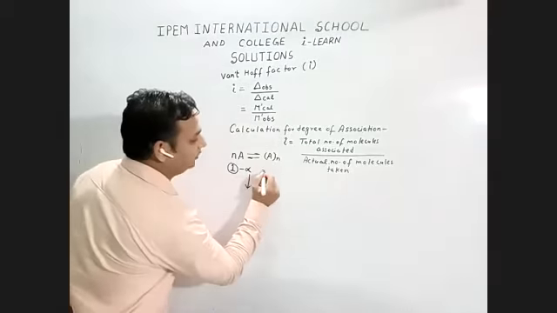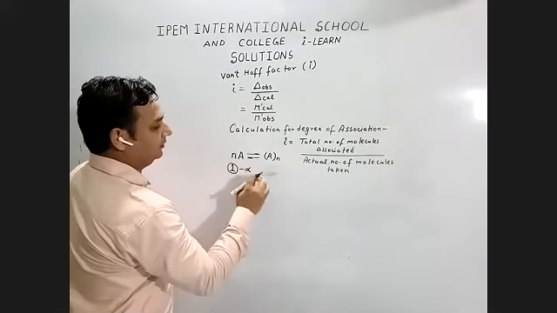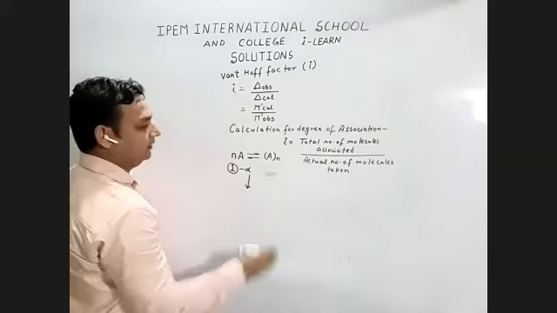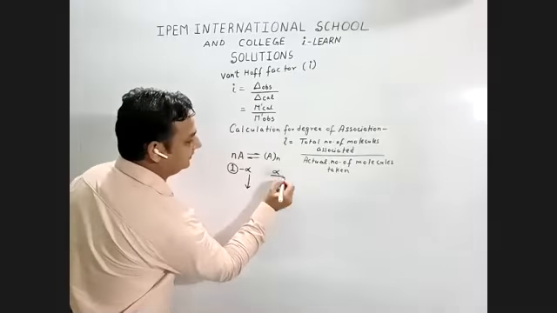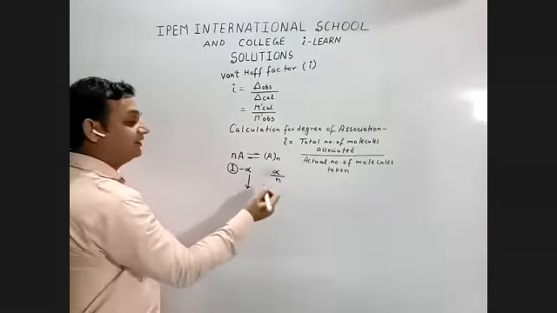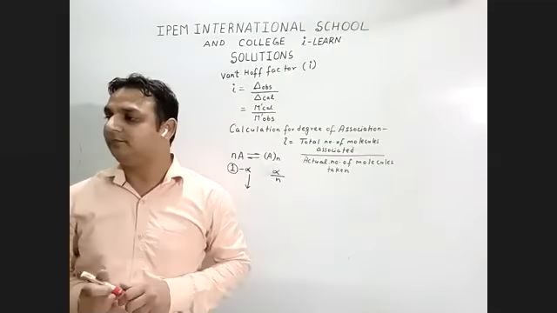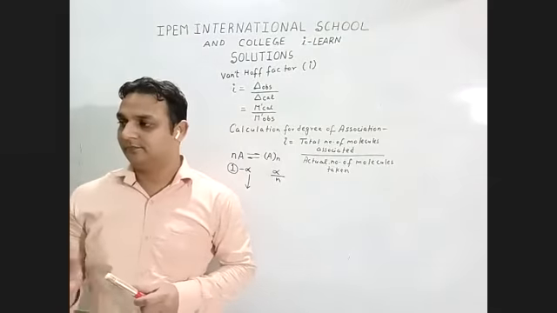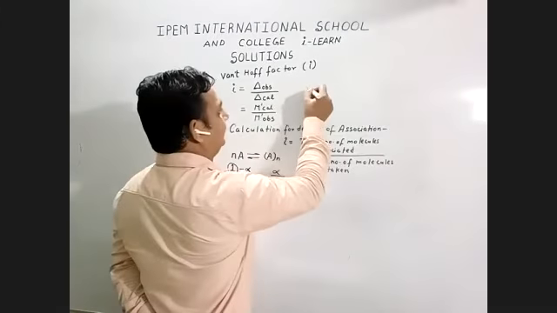So what will we get here? Alpha by n. Is it clear or not? Why are we getting alpha by n? Say, I'm giving an example.